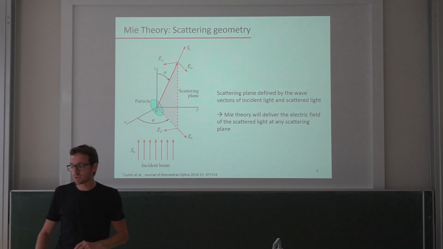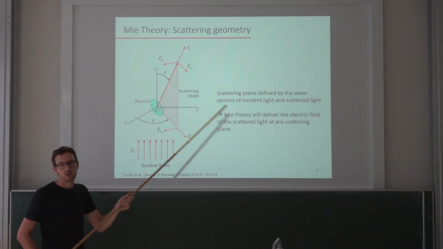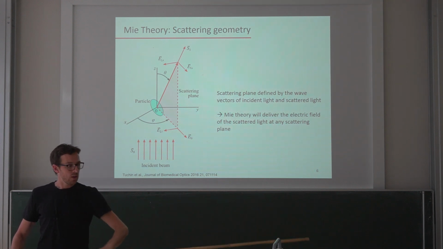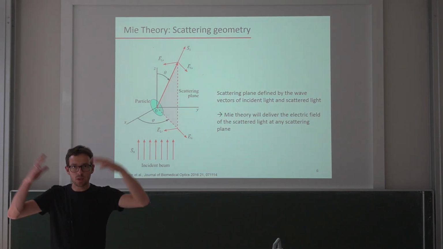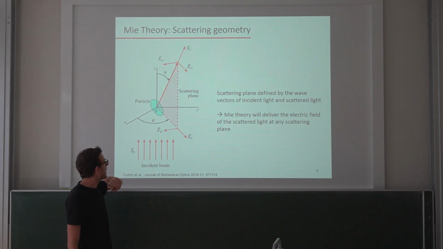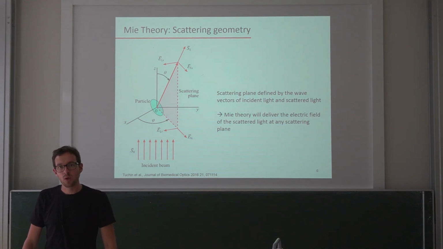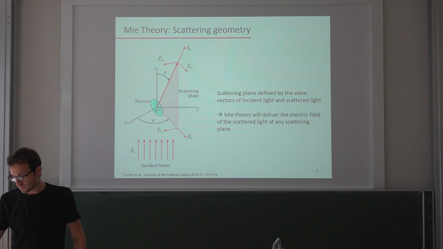And this then gives you a scattering plane, and now you can vary these angles to get the full spatial distribution of the electric light fields, and you always compute the parallel and the perpendicular contribution to the scattering problem.